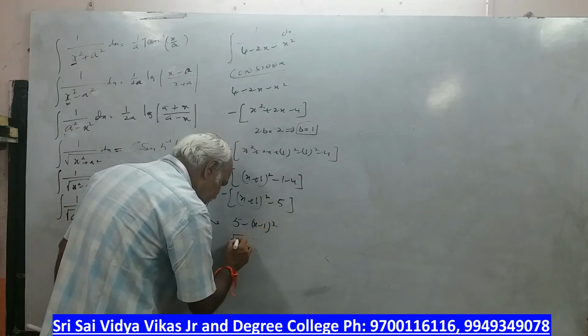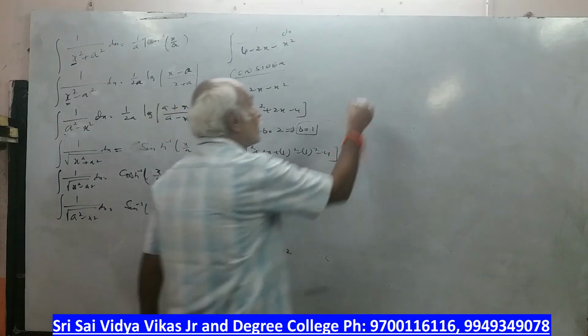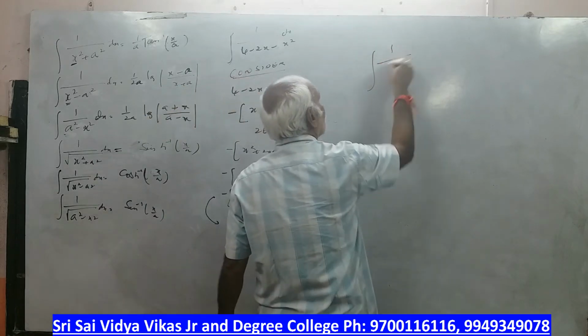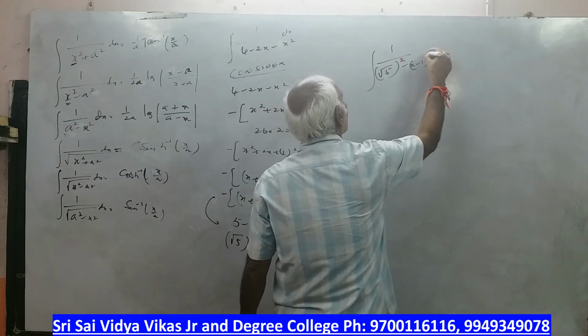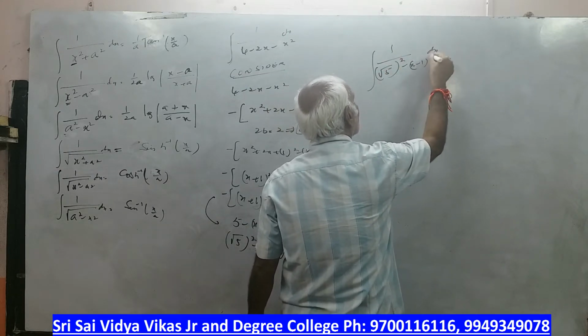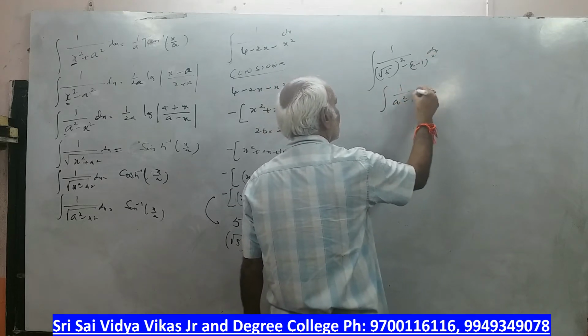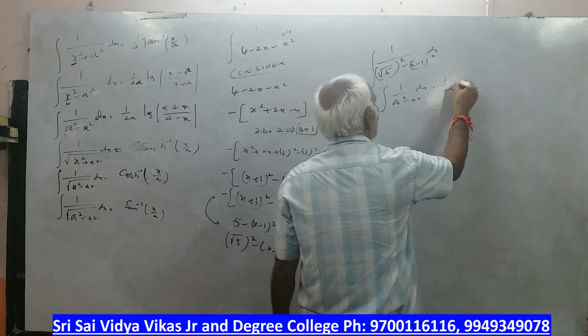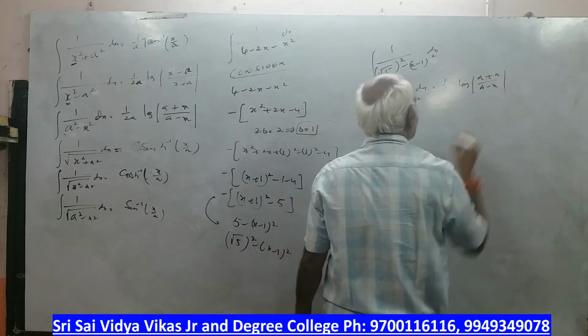This can be written as (√5)² − (x + 1)². So the integration of 1 by (√5)² − (x + 1)² dx is in the form of 1 by 2a log of (a + x) by (a − x).